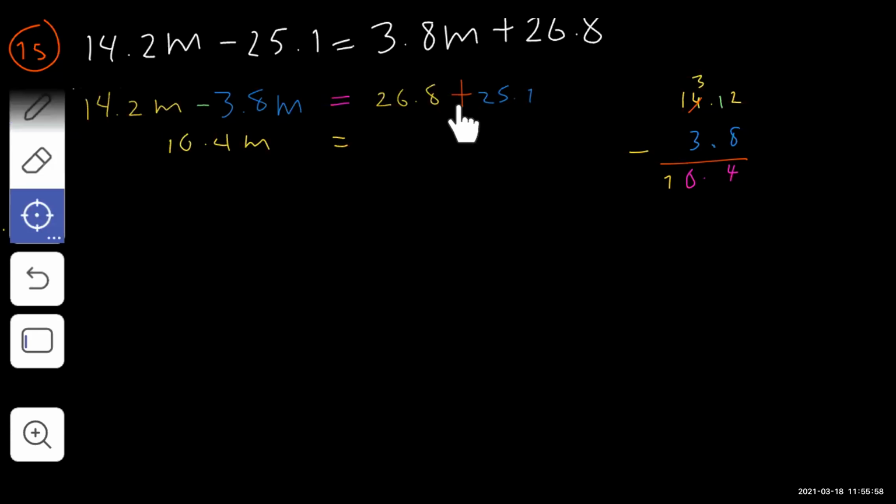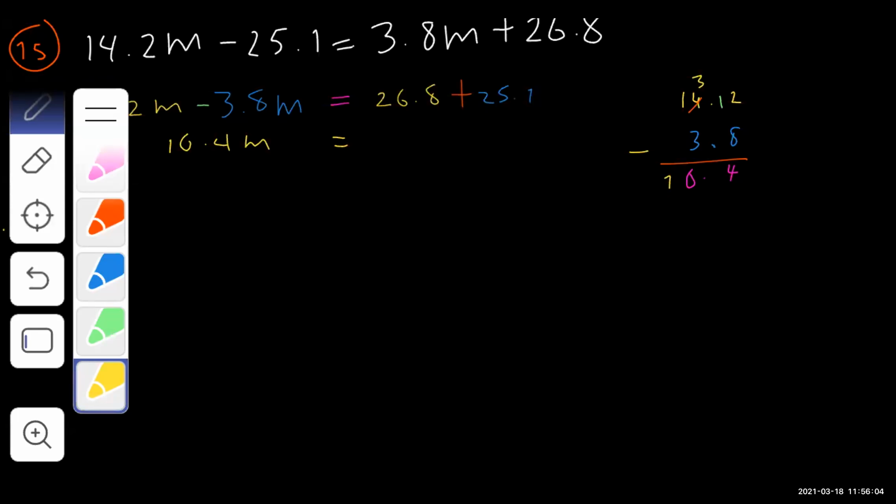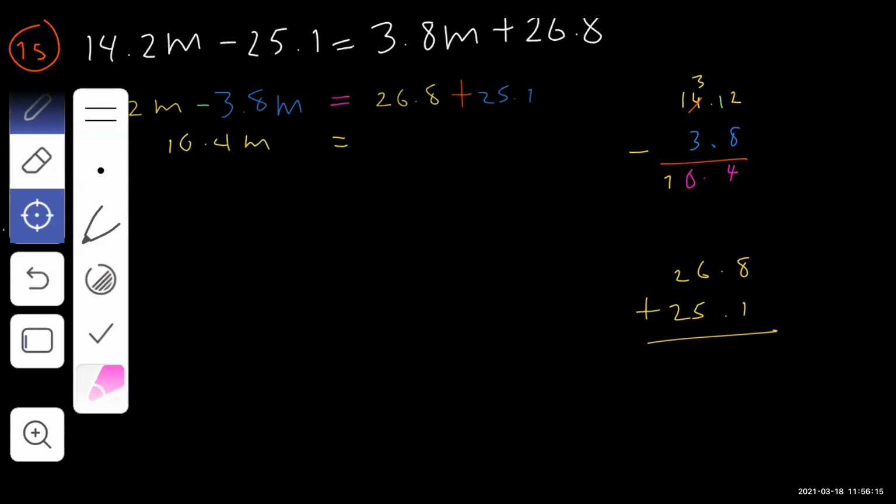Equals this quantity, 26.8 plus 25.1. Let's solve that. Again, 26.8. We make the point, and let's put the other number, 25.1. This is an addition. Let's solve it.